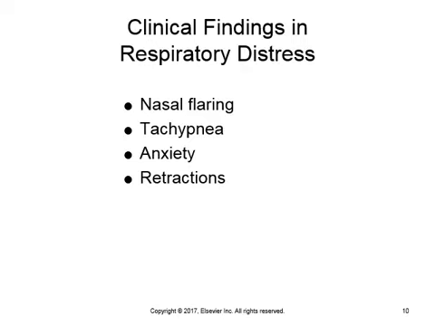Tachypnea, which is a rapid respiratory rate. And then retractions is when the patient is using accessory muscles to inspire, and so they try to breathe in, and you can actually see the ribs as the muscles between the ribs retract.